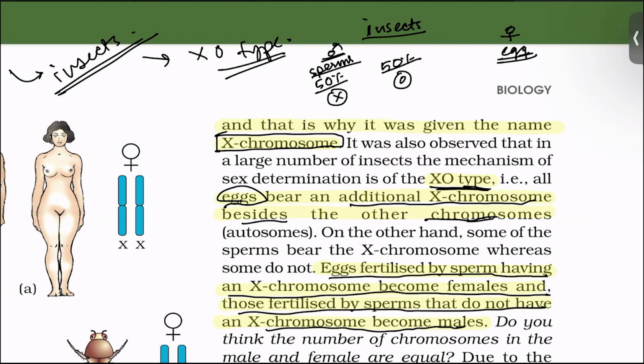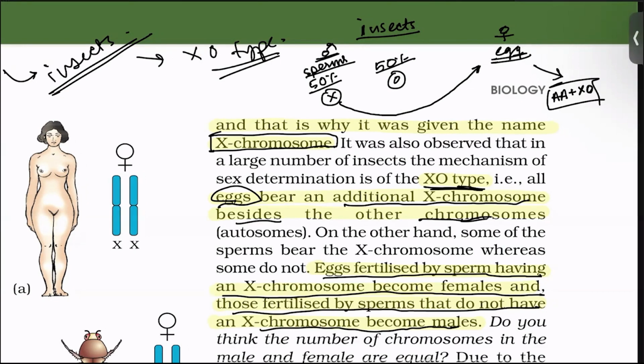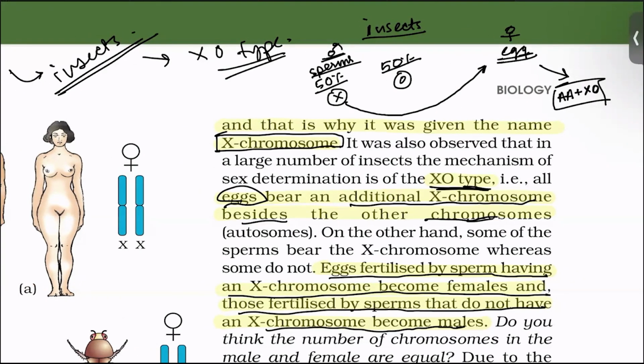Now if the X chromosome containing sperm fertilizes the egg, the resultant zygote will have all autosomes plus XX, and they turn out to be females. And if the other 50% fertilizes the egg, then the genotype would be all autosomes plus O, and zygotes with this genotype turn out to be males.